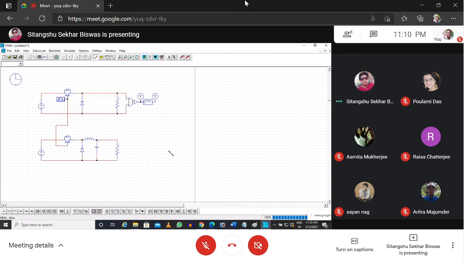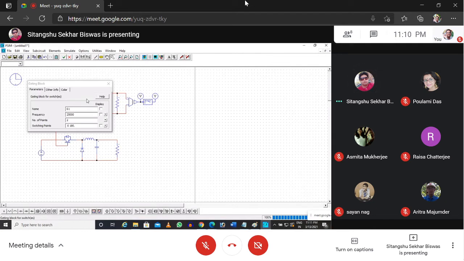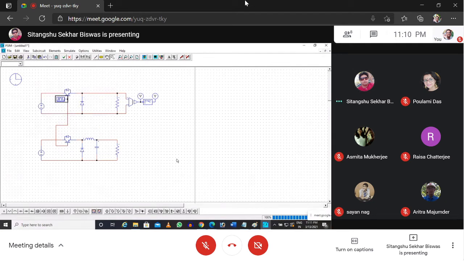and the inductor ripple current should be restricted to, you can take something, 800 milliampere, and the switching frequency I have already given as 25 kilohertz, and the output voltage I need is 5 volt.